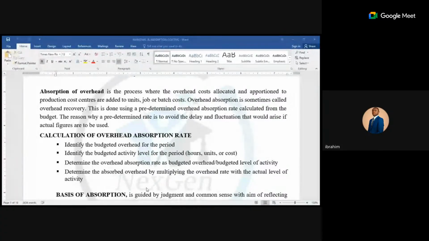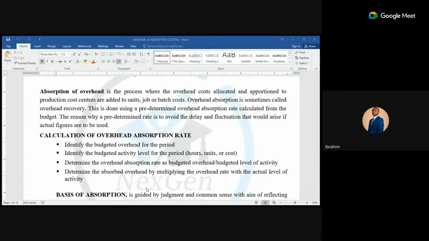If the policy says the fixed overhead should be calculated on the basis of machine hours or labor hours, calculate the rate on that basis. It could also be a percentage of prime cost, but it depends on the company policy.